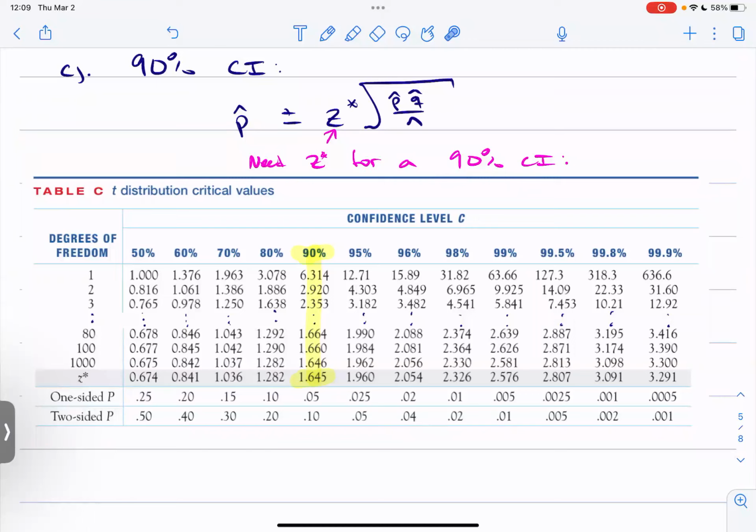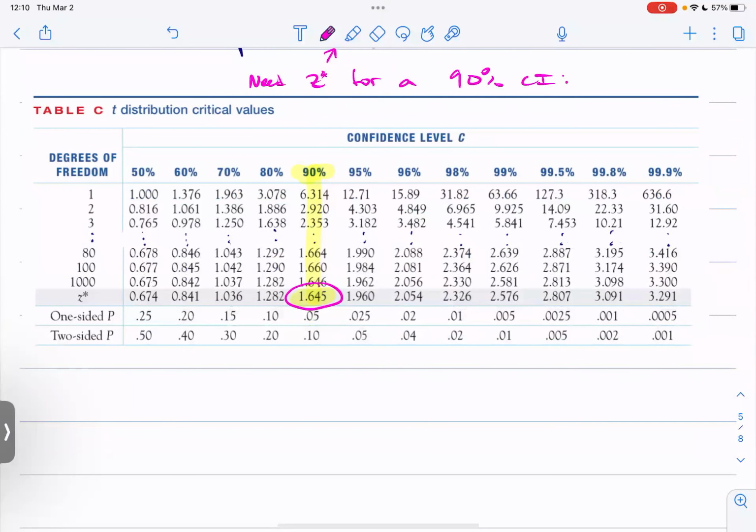They are totally confusing in the beginning, but we're going to see a lot of these. The confidence level is just the 90, but we're doing a 90% confidence interval, and of course they have to match. Very tricky. So then the z star that we're going to use is 1.645.